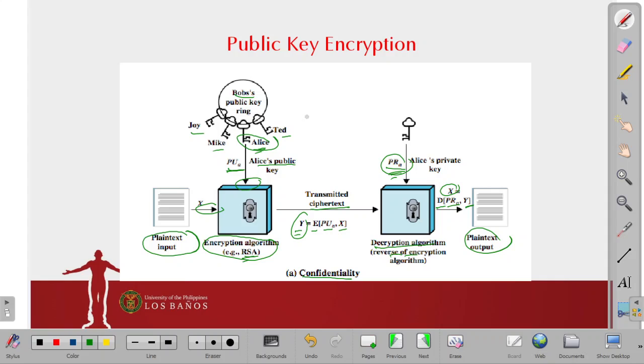Public key encryption has the property that only the private key can be used to decrypt the ciphertext encrypted with the corresponding public key. Remember that when you're using public key encryption, you always generate two keys, the private key and the public key.